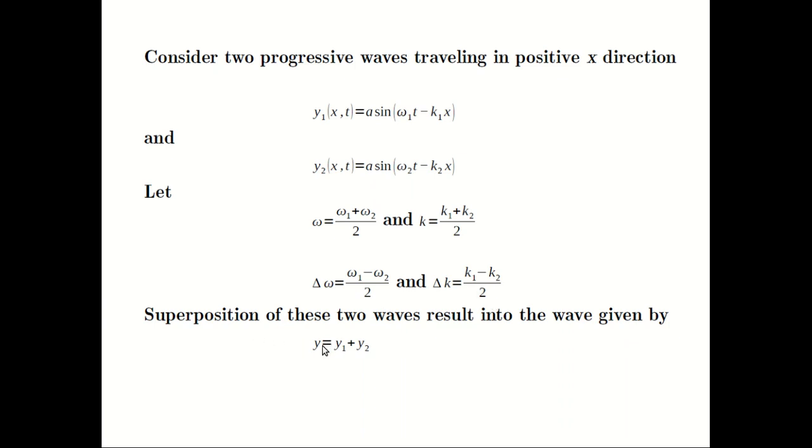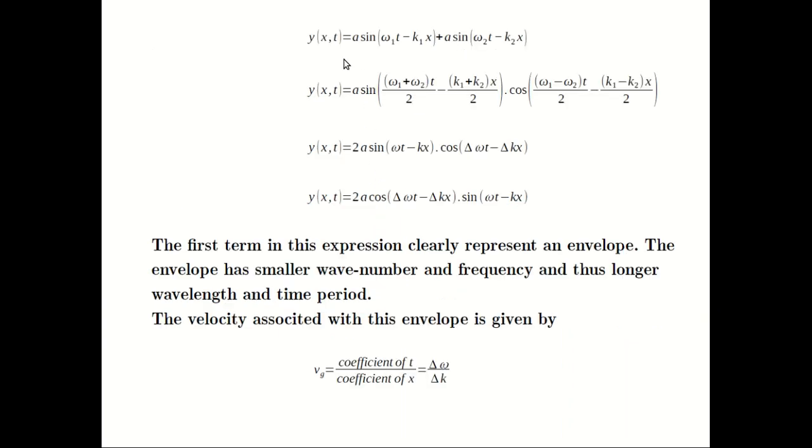Now, the resultant wave y is given by y equals y1 plus y2. Substituting the values of y1 and y2, we will get y equals a sine(omega 1 t minus k1 x) plus a sine(omega 2 t minus k2 x).